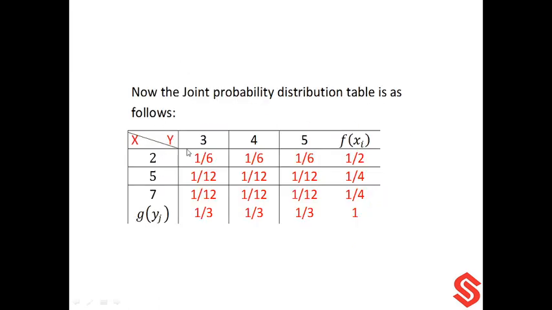Xi plus yj: 2 plus 3, 5; 2 plus 4, 6; 2 plus 5, 7; 5 plus 3, 8; 5 plus 4, 9; 5 plus 5, 10; 7 plus 3, 10; 7 plus 4, 11; and 7 plus 5, 12. So here we are getting 10 twice, like 5 plus 5, 10, and 7 plus 3, 10.